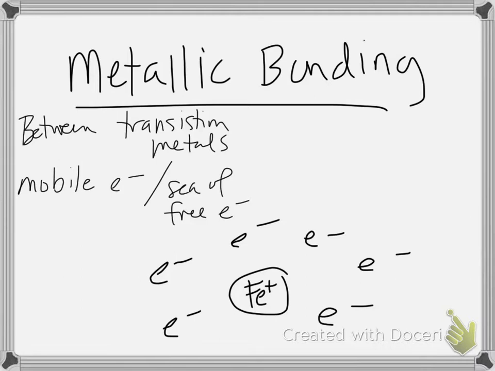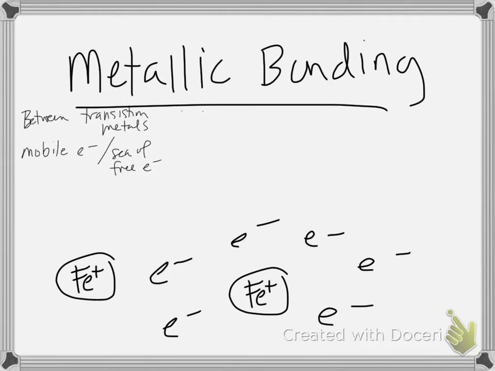So you've got all these little positive nuclei and all these little mobile electrons. They're going to form attractions. You've got a sea of electrons darting around all these little positive cations, so you've got forces of attraction in pretty much every direction.